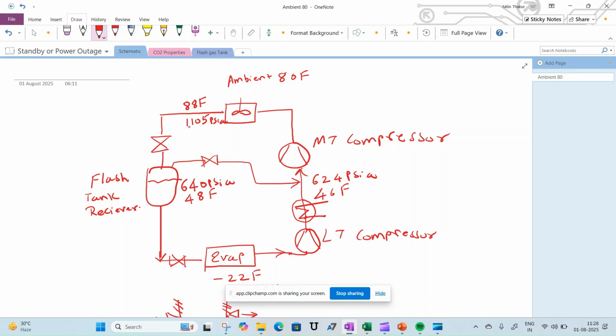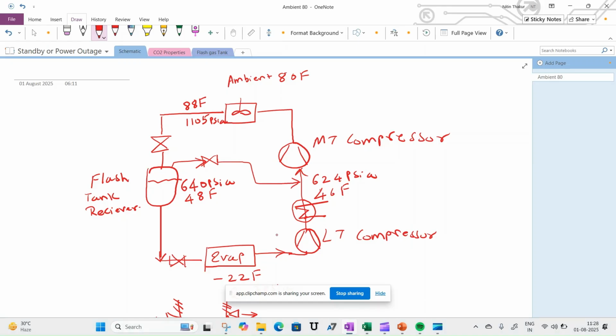So it is about 1105 psia coming into the expansion valve and then coming into the flash gas tank receiver, which is a bit higher than the suction of the MT compressor.